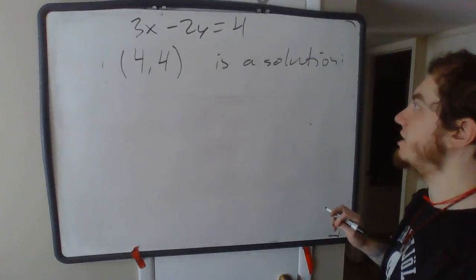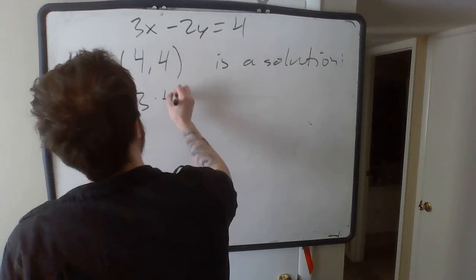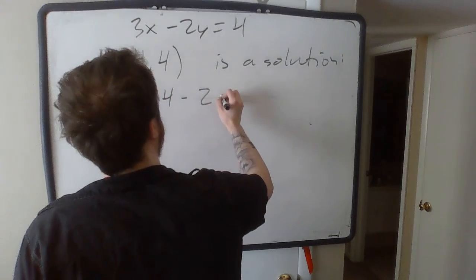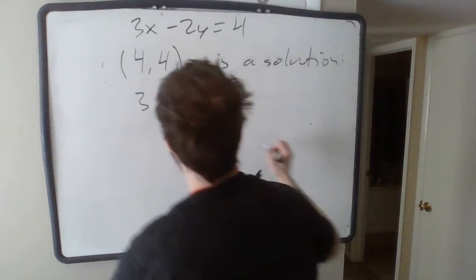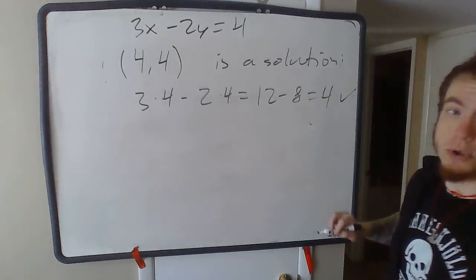Why? Because 3 times 4 minus 2 times 4 is equal to 12 minus 8, which is indeed equal to 4.